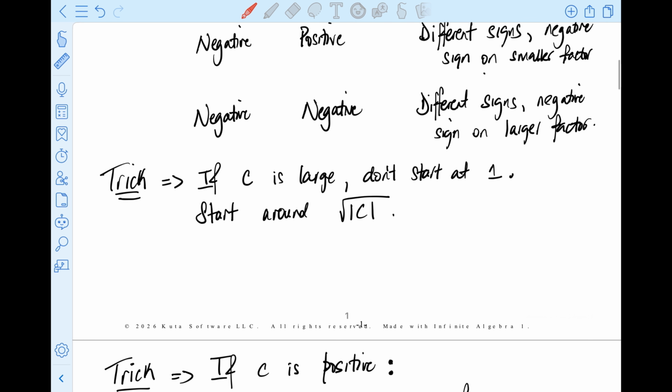We also have another trick here where it says if C is large, don't start at 1. Start at the square root of the absolute value of C. So it means that if C is negative, then we find the square root of the positive number. So if C is like negative 84, we find the square root of 84. That's all that this means, right?